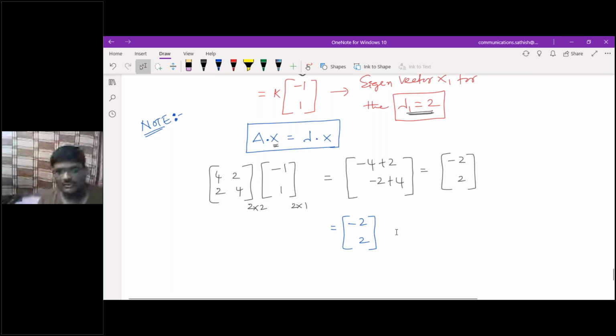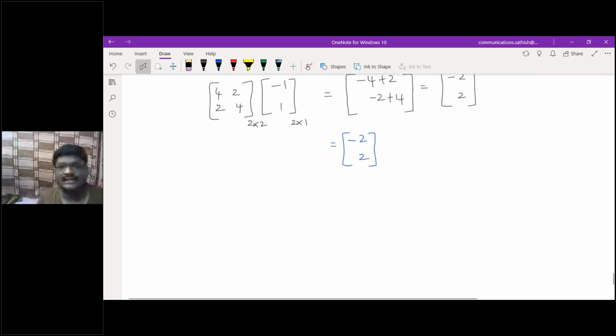Now, if you use your common sense, if I take 2 as common here, what I'll get is 2 times minus 1 and 1. What is this 2? Lambda. And what is this minus 1 and 1? This is x only.